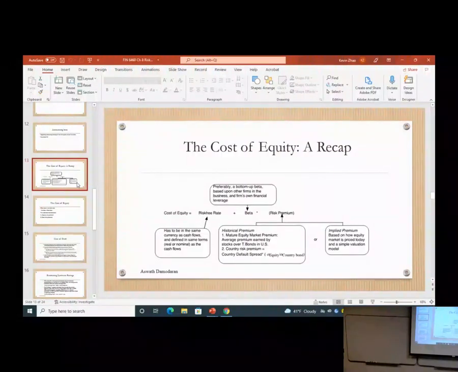And this one's easier to fix, but sometimes people commit mistake because they used the book value. Book value of equity and the book value of debt in calculating the weight. That is not a proper way. And typically you want to look at the market value. Market value of equity versus the market value of debt in calculating that weight.